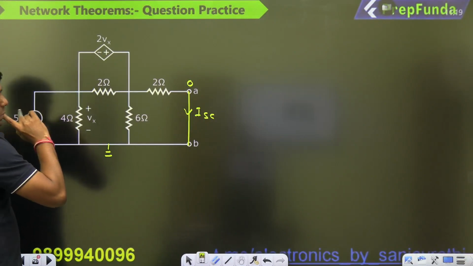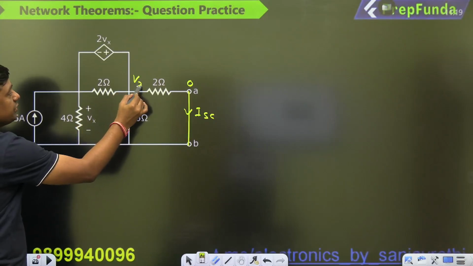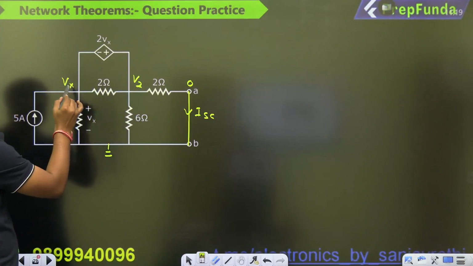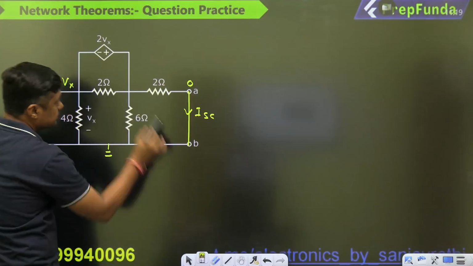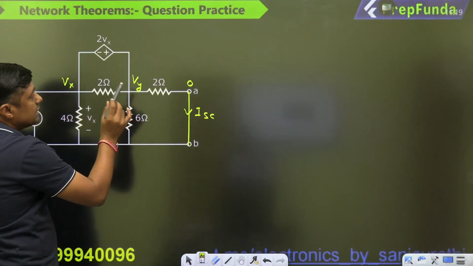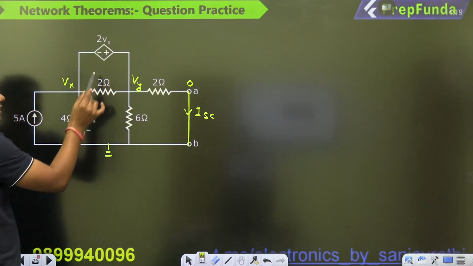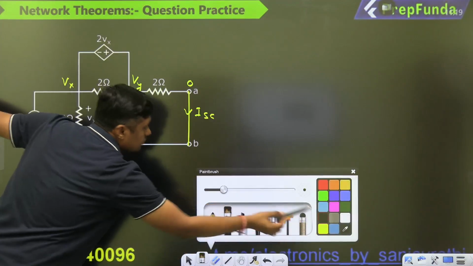Now you can again apply. Let this voltage be Vy, this voltage is Vx. Then remember, if you have a resistor parallel to that, you can remove it.